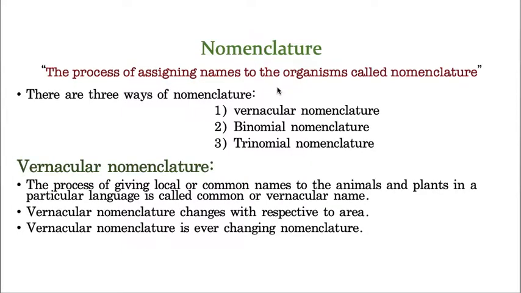These are all names. Assigning names to organisms is called nomenclature. Such nomenclature can be done in three ways. The first one is vernacular nomenclature, the second one is binomial nomenclature, which is a very important one.